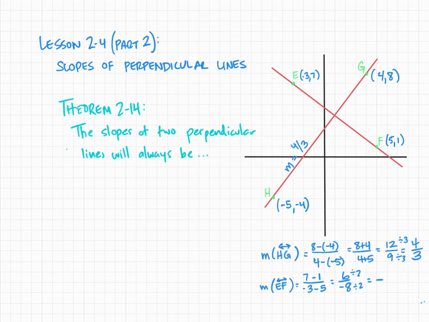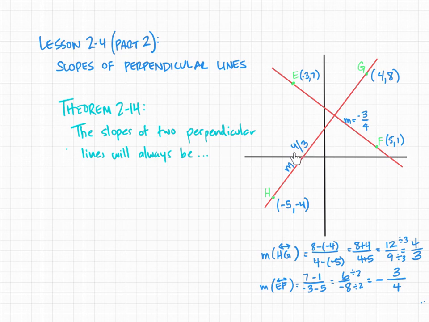So that means my overall fraction is going to be negative. Instead of putting the negative sign down in the denominator, I'm going to put it off to the side of my fraction. My numerator is going to be 3 and my denominator is 4. So now my slope is -3/4.